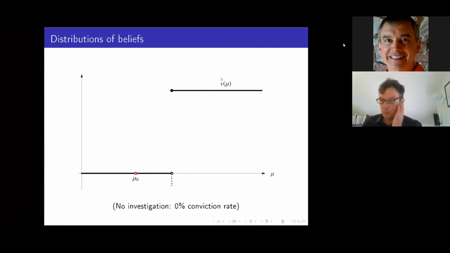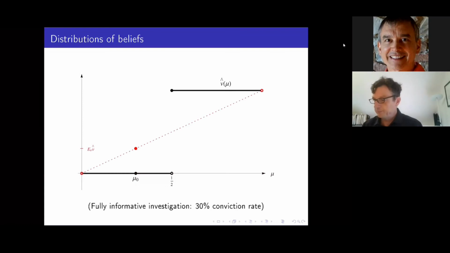Okay, good. So if we chose to not have an investigation, then we are going to land at our prior, which is the red dot, and we're going to get 0 conviction rate. That's not a great outcome for the district attorney.